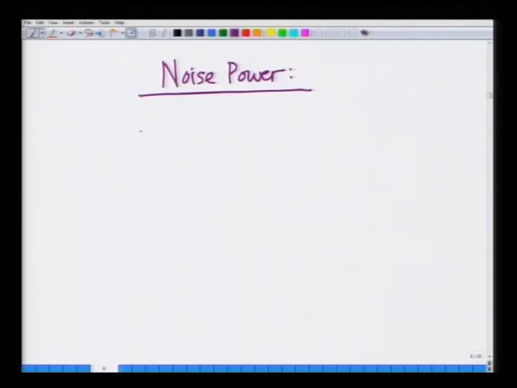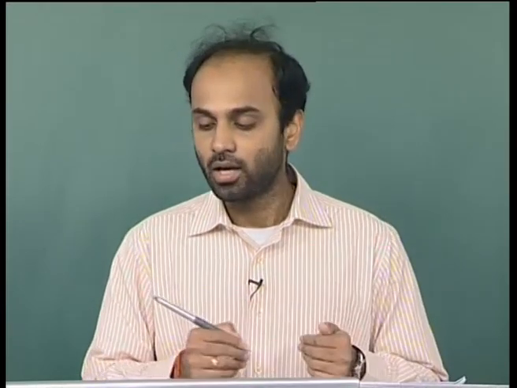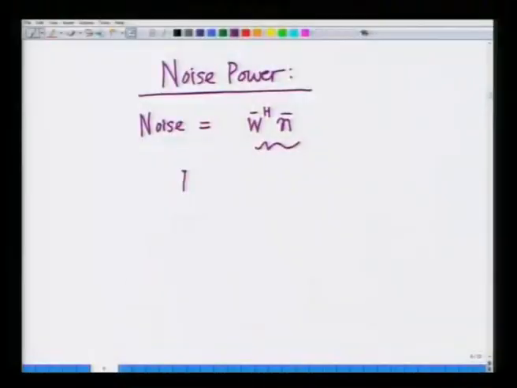We said the effective noise at the output of the beamformer is given as W bar Hermitian N bar. The effective noise at the output of the beamformer is a combination of all the noises across all the receive antennas, that is nothing but W bar Hermitian times N bar. Now, we will compute the power of this noise. Remember, this is a random quantity, each of N1, N2 up to NL is a random quantity.